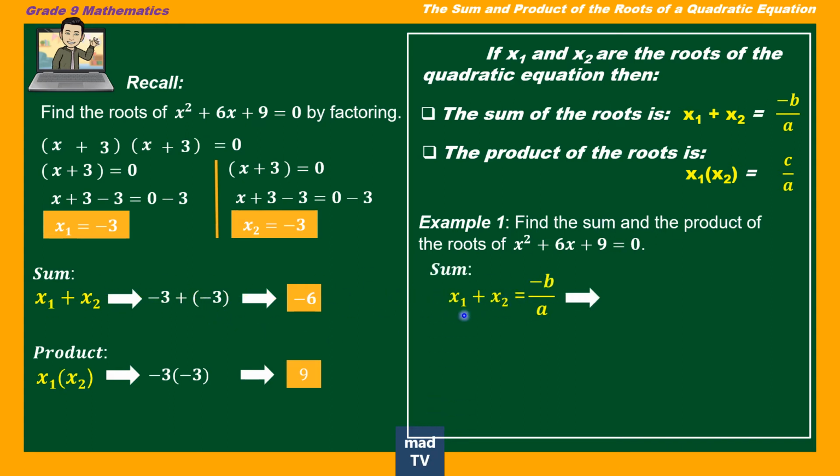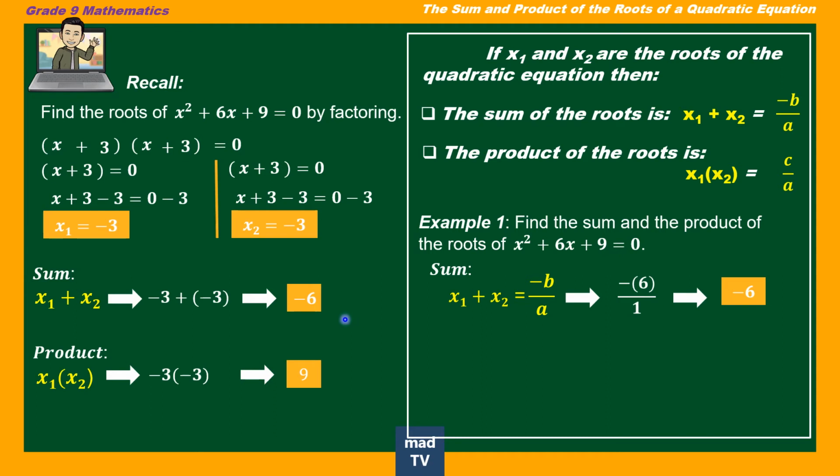So, sum, we all know the sum is equal to x sub 1 plus x sub 2 is equal to negative b divided by a. Substitute natin, what is b? Okay? So, negative, the quantity of 6, that is b. Okay? Divided by a, yun. Invisible 1. Therefore, the sum is negative 6.